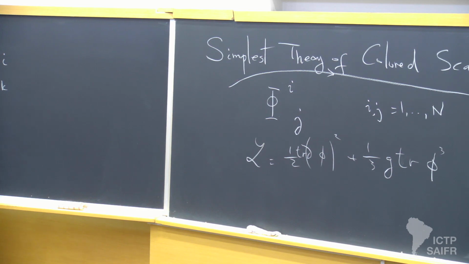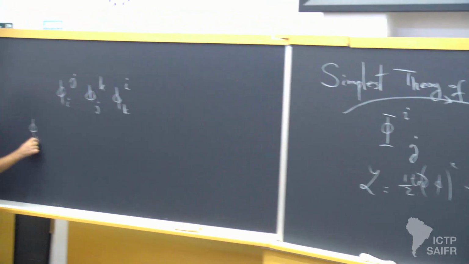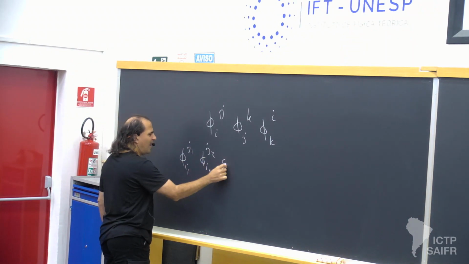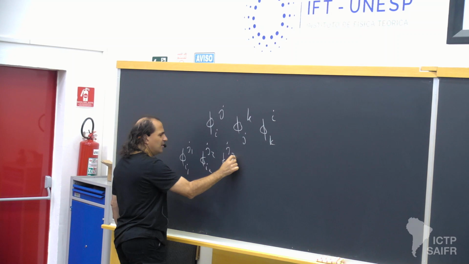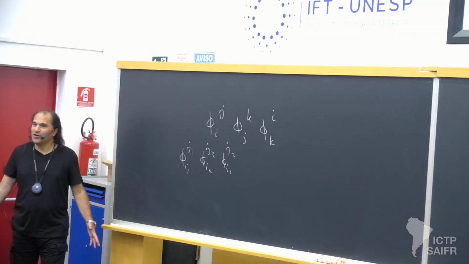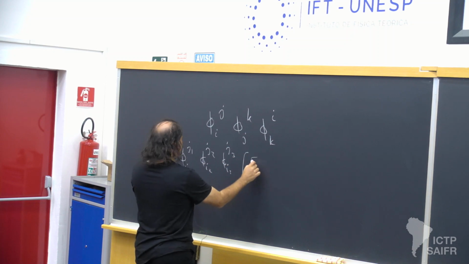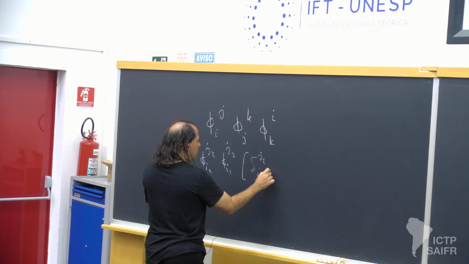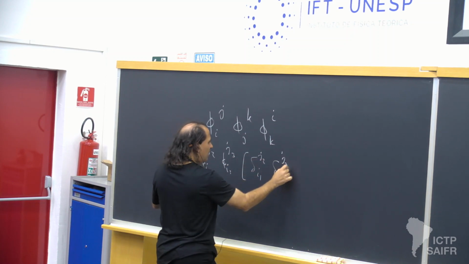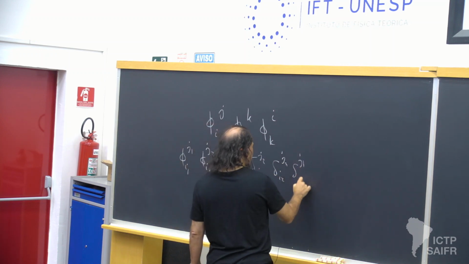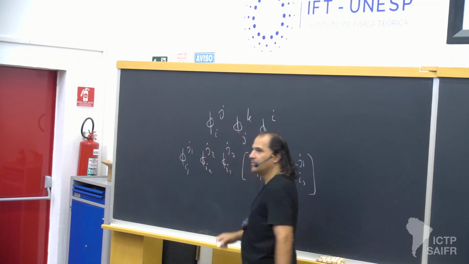So we can really write this as phi I1 J1, phi I2 J2, phi I3 J3, with a bunch of delta functions. So this has some delta J2 I1, delta J3 I2, delta J1 I3, for example. Okay?